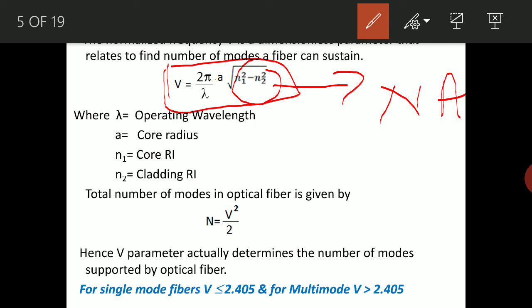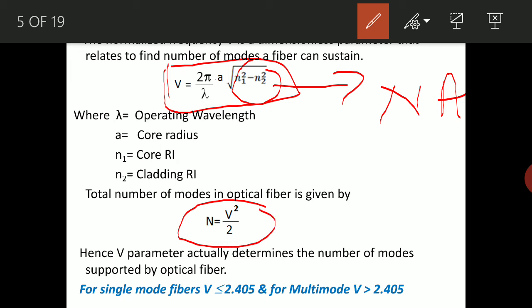In this equation, lambda is the operating wavelength, meaning the wavelength which is passing through the fiber. a is the core radius of the fiber. n1 and n2 are the core and cladding refractive indices respectively, or if you know the numerical aperture, you can directly put it there. Now with the V parameter, the number of modes the fiber can have is given by the formula N is equal to V square by 2.